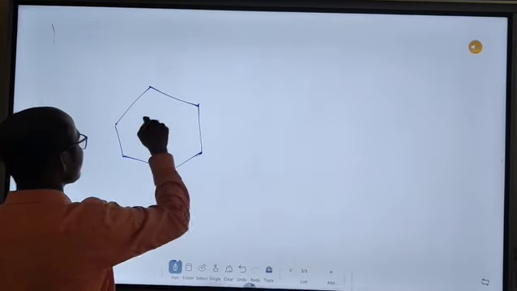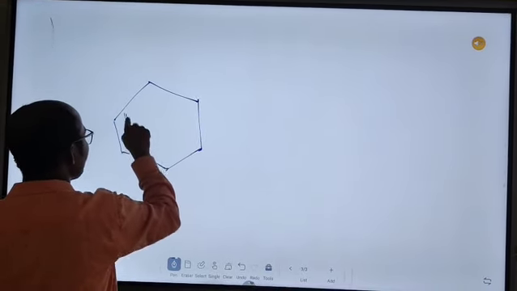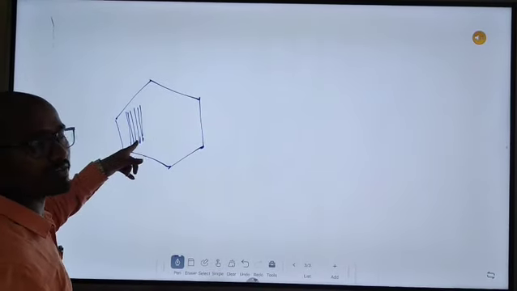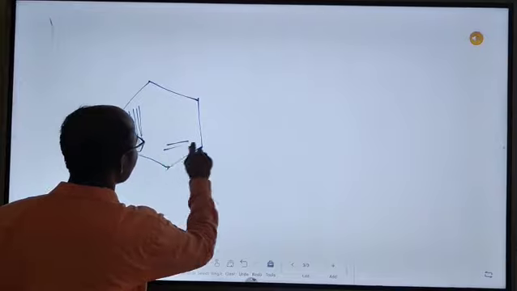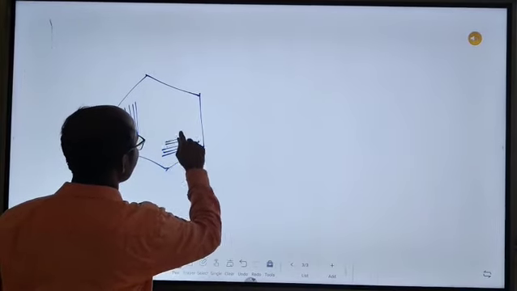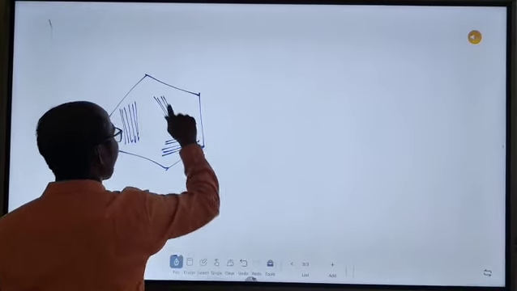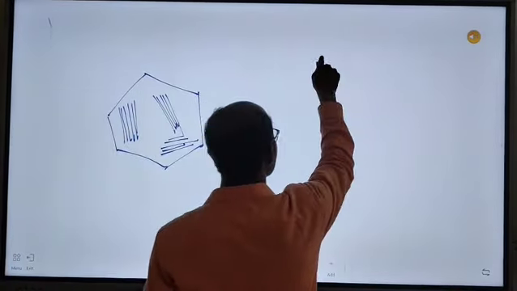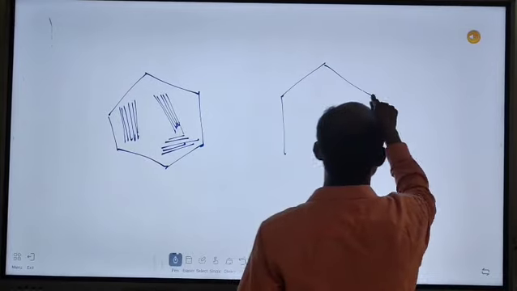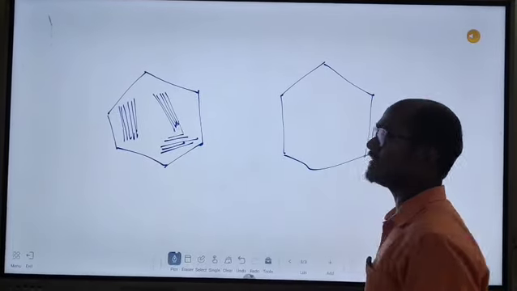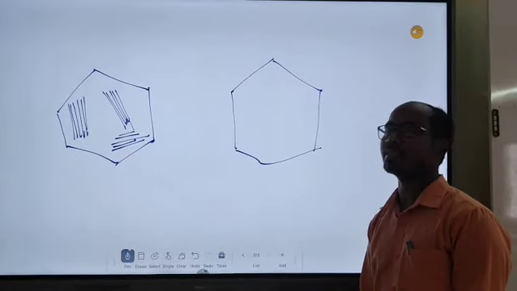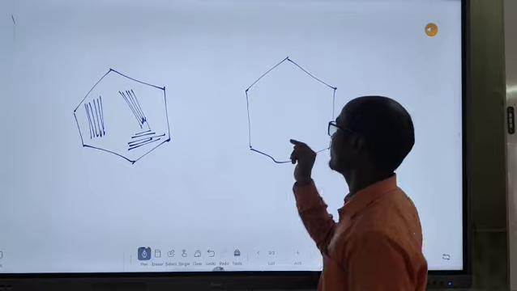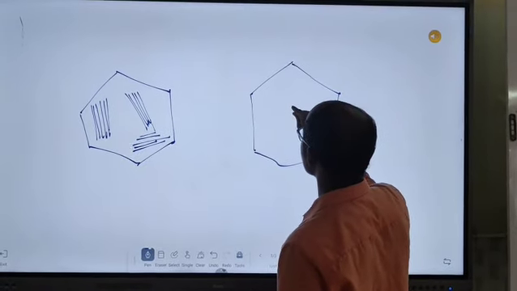Suppose this is a grain. In Martensite, this type of structure appears. Or plate Martensite, which is also called lenticular Martensite. Lenticular means lens shaped.